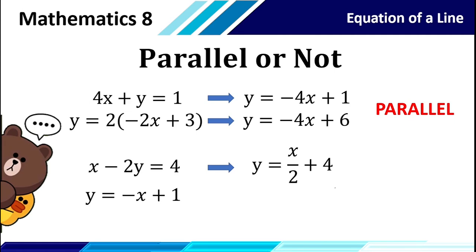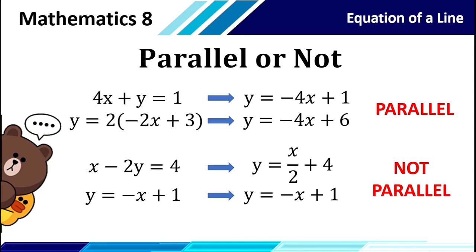And then, as we all know, y is equals to negative x plus 1 is already in slope-intercept form. So there's no need to convert this one. As you can see, the slope on the first equation is 1/2 and the slope on the second equation is negative 1. Therefore, they do not have the same slope, then the graph of these equations are not parallel.